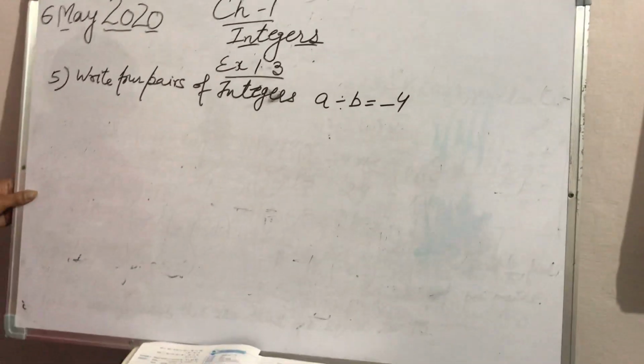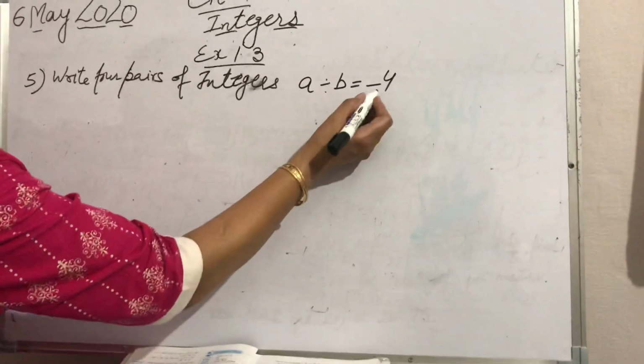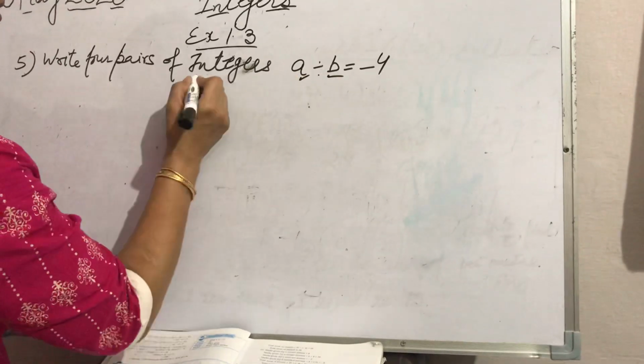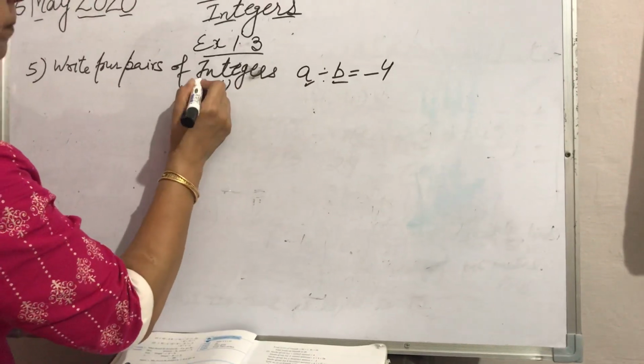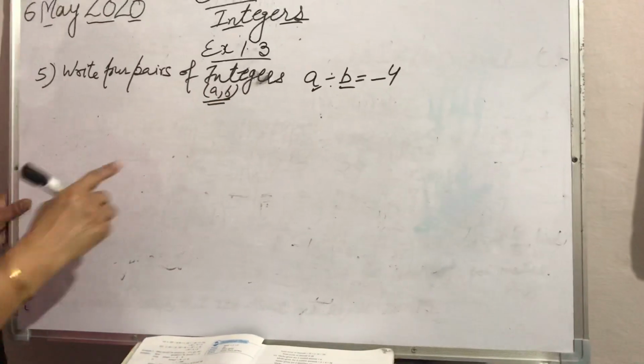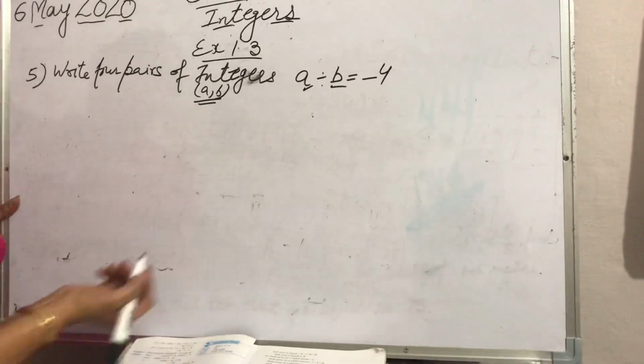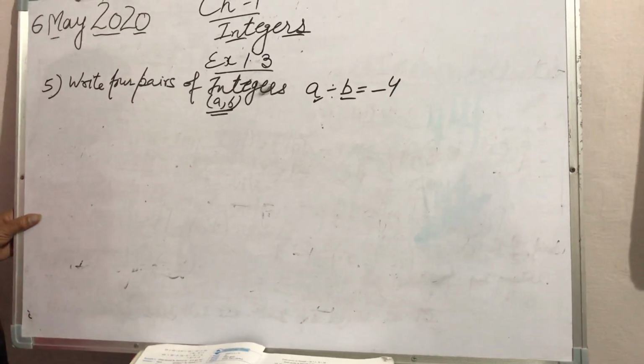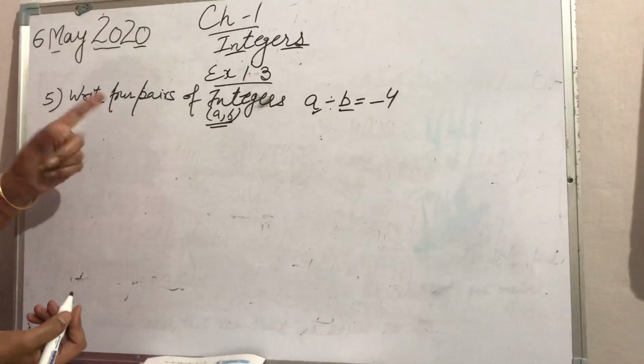Means we have to find the integers a and b whose quotient will be -4. So many pairs we can find. Means we have to find the value of a.